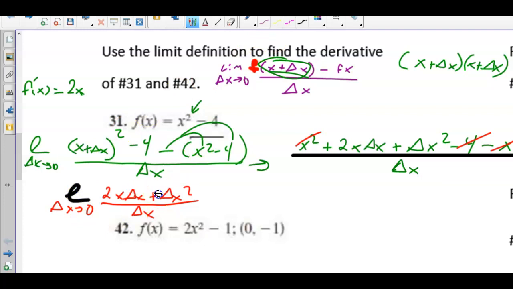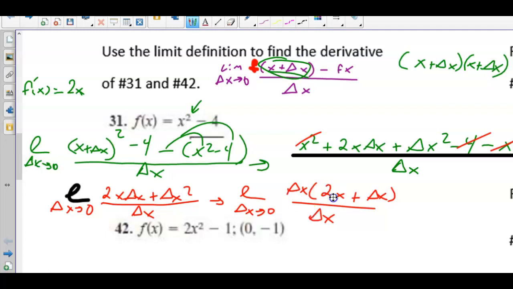Now, right here, factor out delta x. So we have the limit as delta x goes to 0, and I factor out a delta x. That gives me 2x plus delta x, all over delta x.